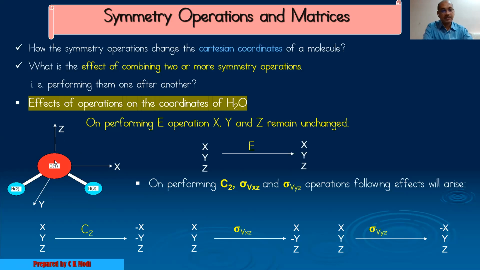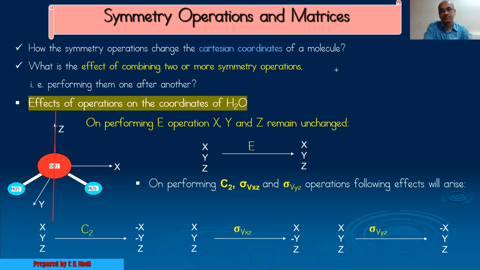So, for example, if I perform the C2 operation, where is C2 situated? This is C2, passing through the center of the water molecule. This is oxygen, and the Z axis is collinear with the C2 axis.